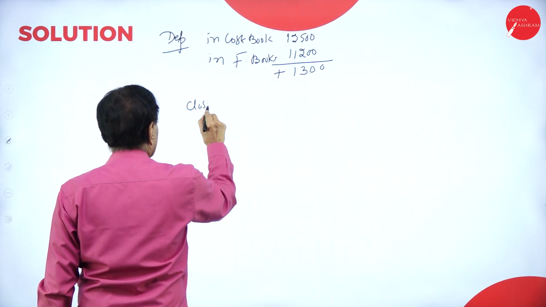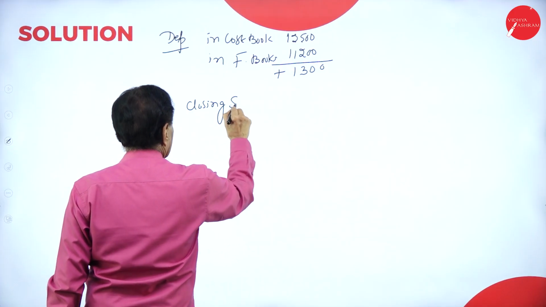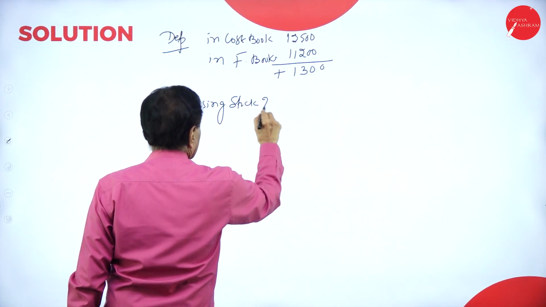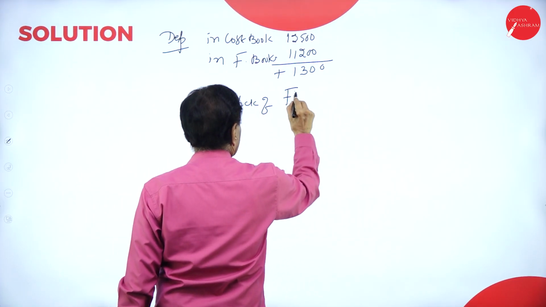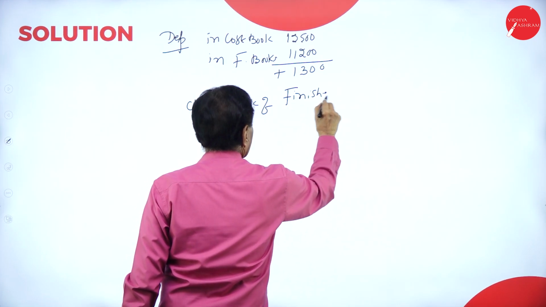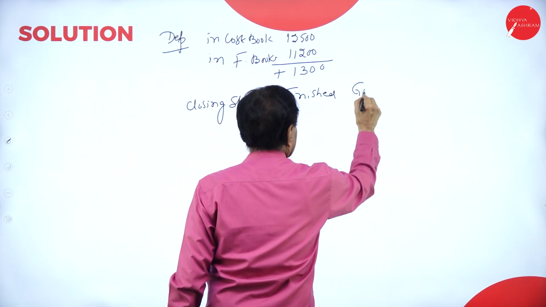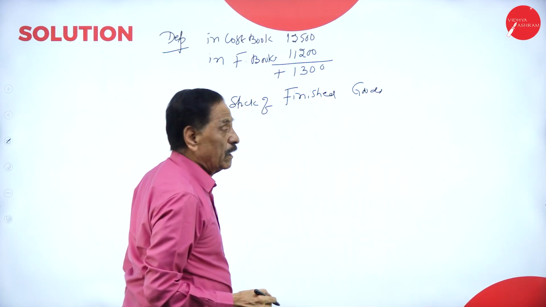Closing stock of finished goods: what's the formula?